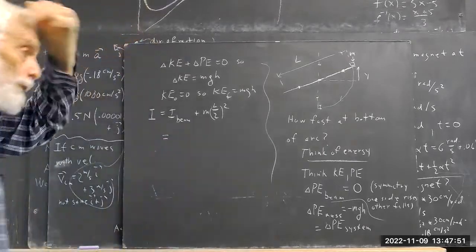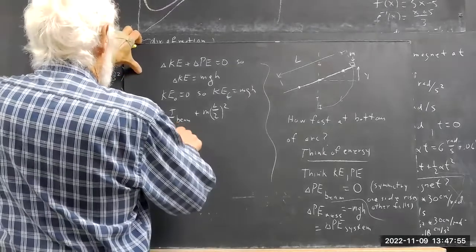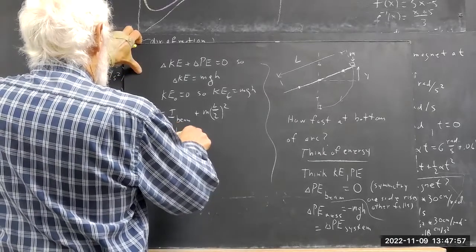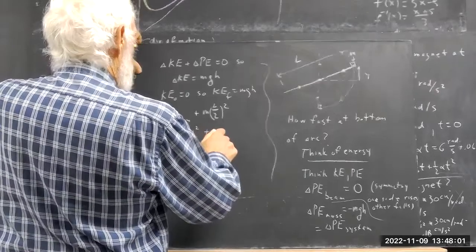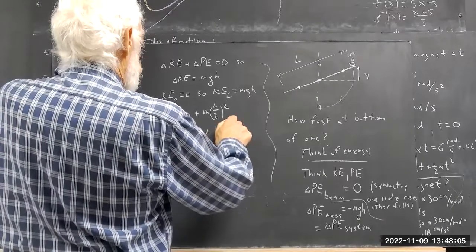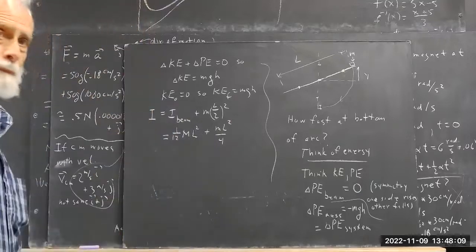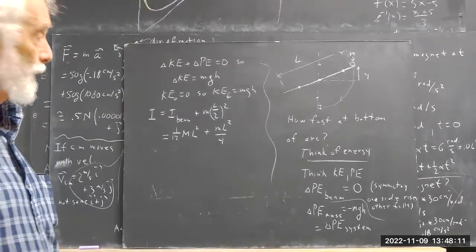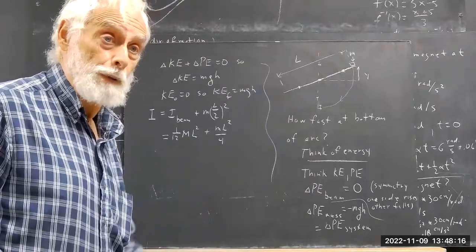What's the moment of inertia of the beam about the center? It's 1/12 ML squared, plus then little m L squared over 4. That's not a formula to memorize, that's just a formula that applies to this situation.